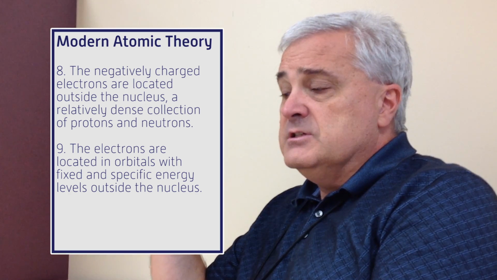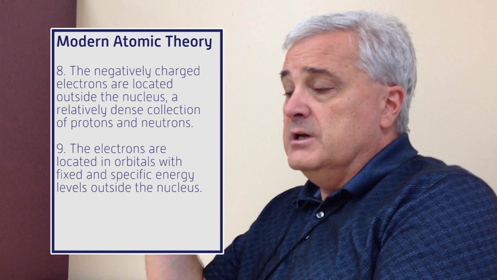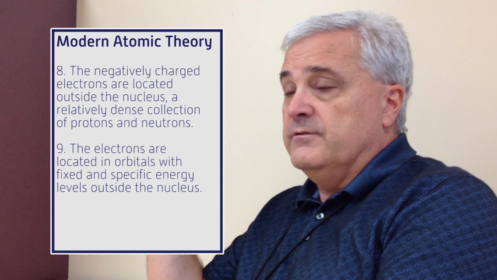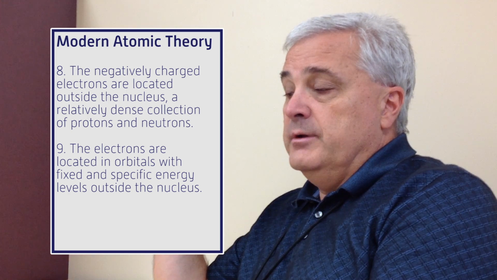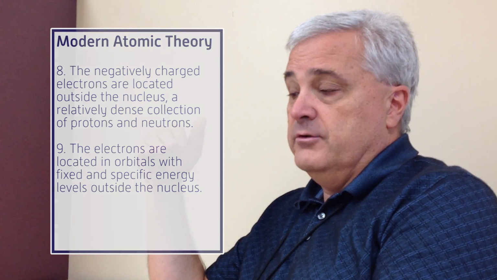So in Bohr's model, electrons must orbit the nucleus in one of several fixed orbits, and each orbit represents a specific energy level. The first orbital represents the lowest energy level, and then the second orbital is the next highest, and so on. So the orbitals served as locations and energy levels both.